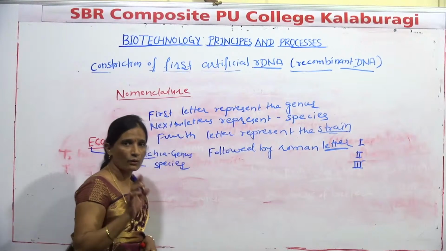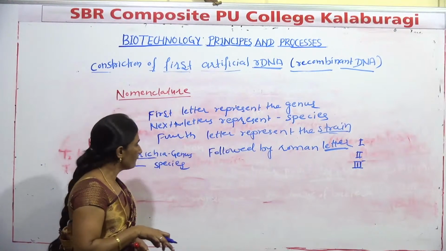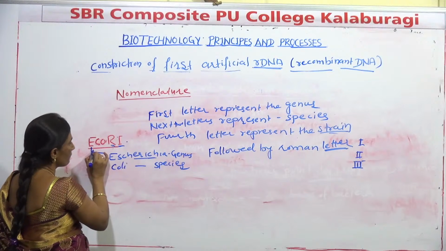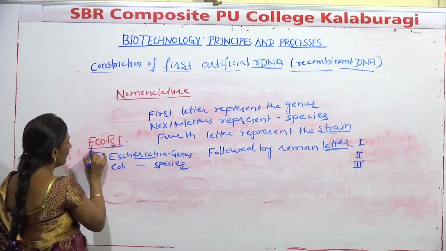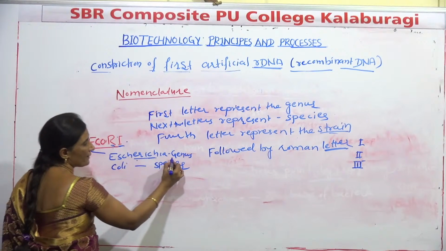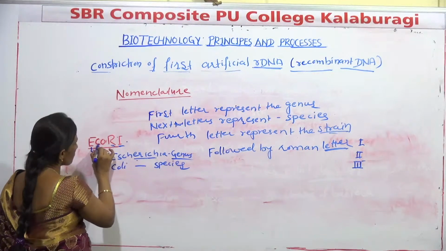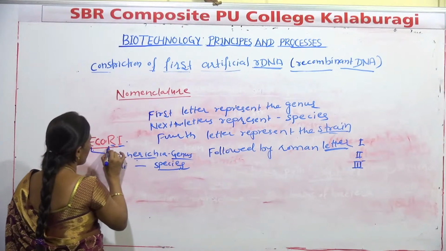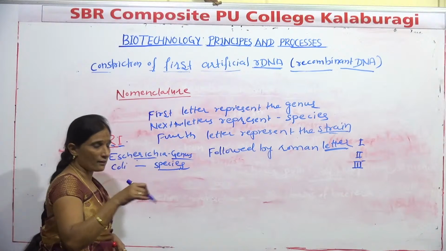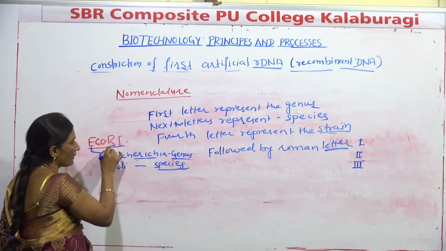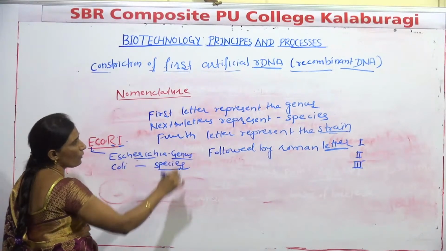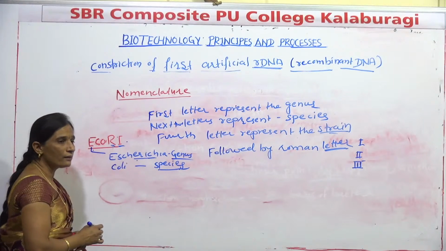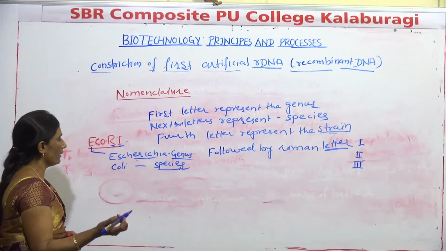Only I, II and III. So the first letter represents the genus name. For example, in EcoRI, E represents Escherichia, the genus. The subsequent two letters represent the species. And the fourth letter, the strain if there is one, is the R here, followed by the Roman numeral I, II, or III.